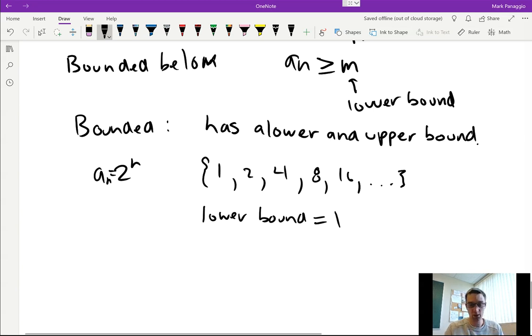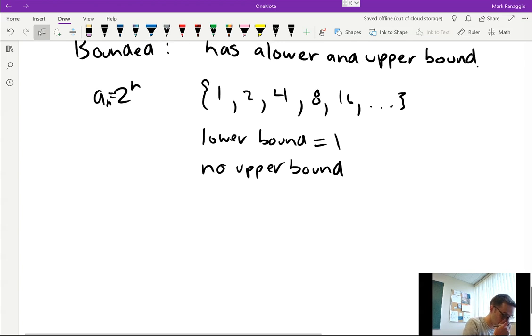All the terms of the sequence are bigger than 1, but it has no upper bound. It doesn't matter what number you pick, eventually the terms in the sequence are going to exceed it. Eventually they get bigger than 1,000, and eventually bigger than 1,000,000, eventually bigger than anything you could imagine. So this sequence is not bounded, but it is bounded below.